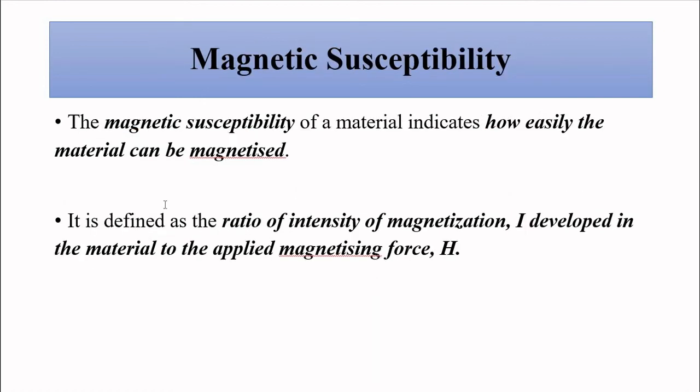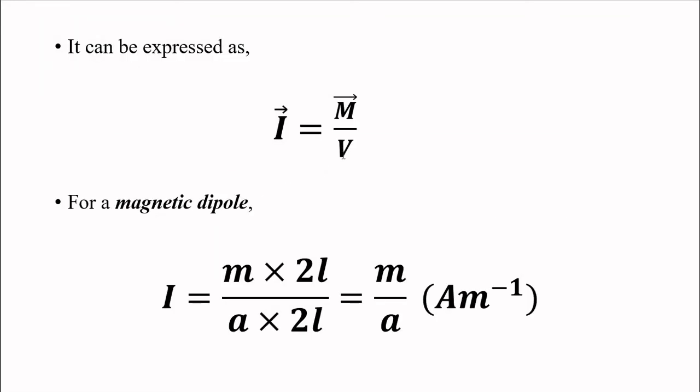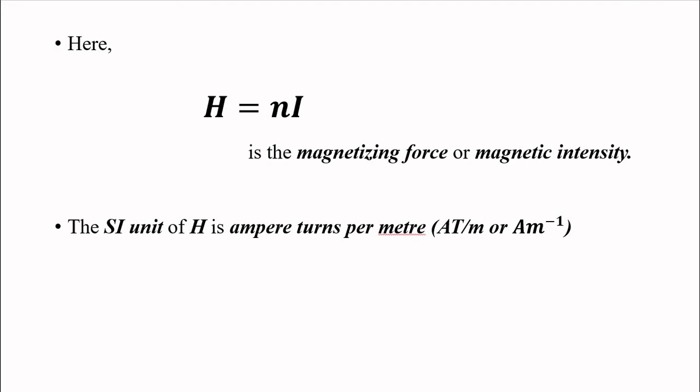Next is magnetic susceptibility. Magnetic susceptibility indicates how easily the material can be magnetized. It is the ratio between intensity of magnetization, which is the magnetic moment developed per unit volume, and the magnetic force or magnetic intensity H, which is equal to Ni.